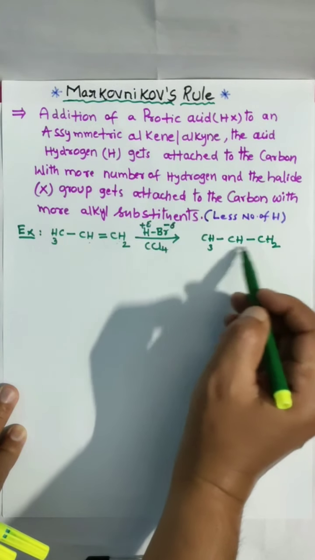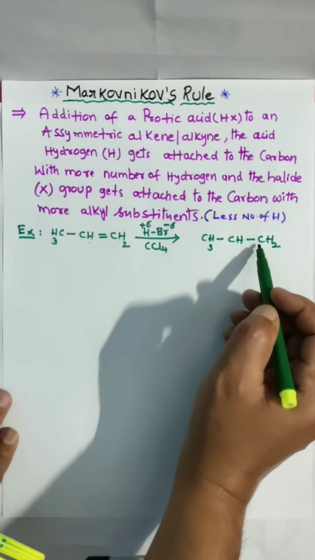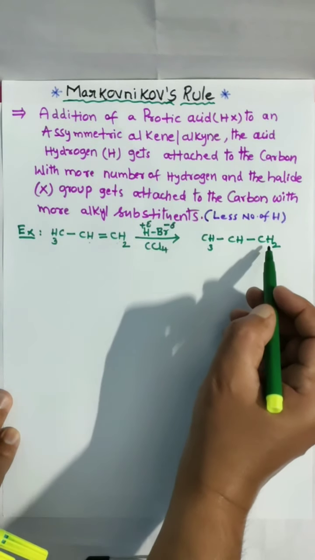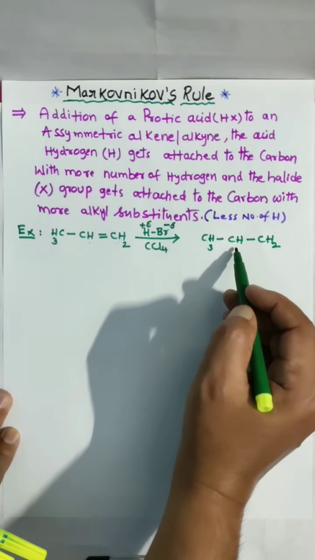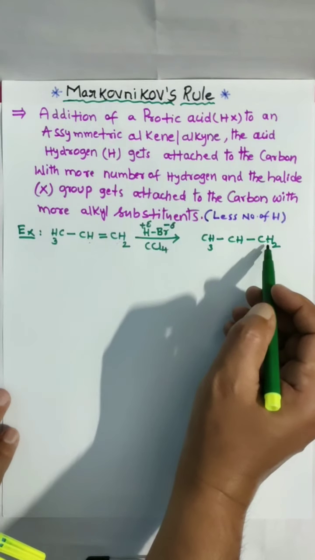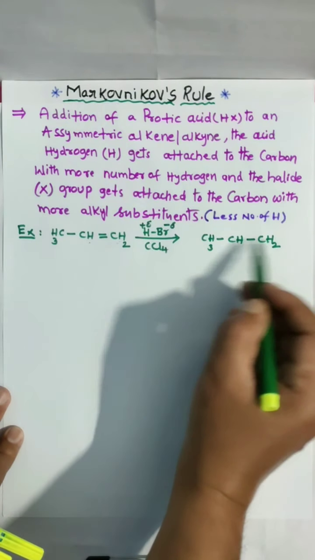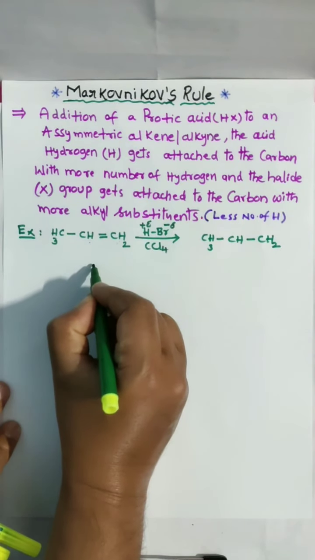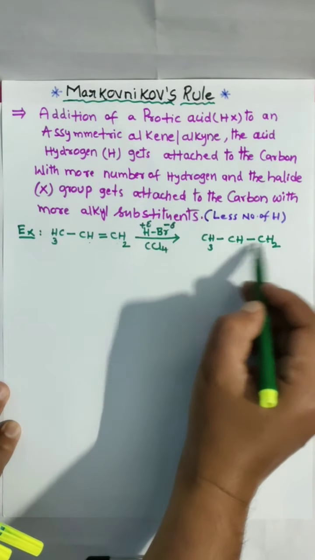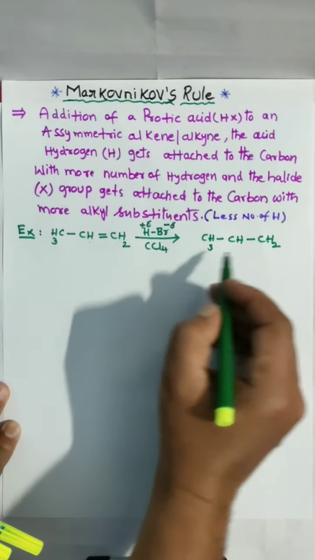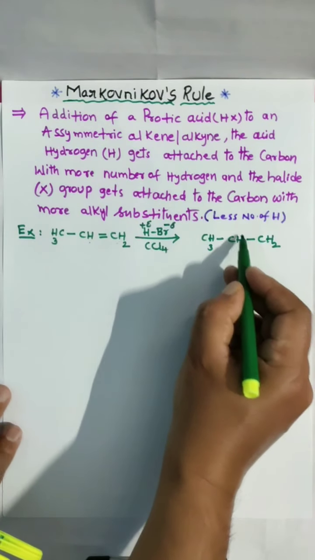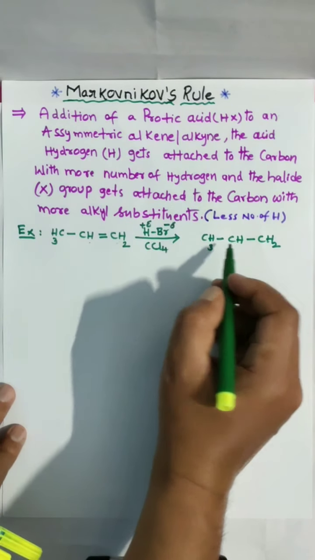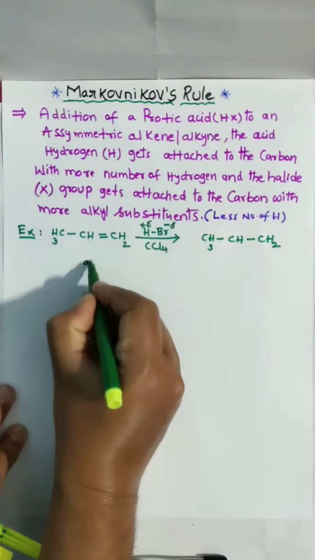That's why this hydrogen or bromine can attach here or here. Two chances, two vacancies are there now. One time it will attack here and one time it will attack there. So now you are getting two products, with one vacancy here and one vacancy here.